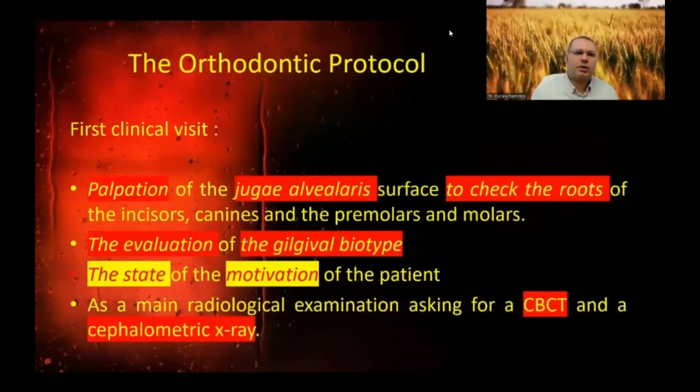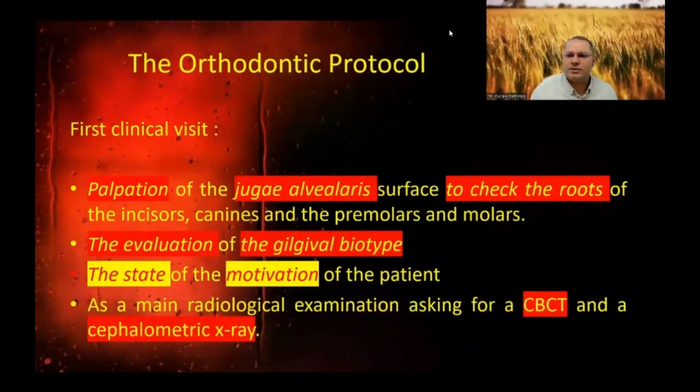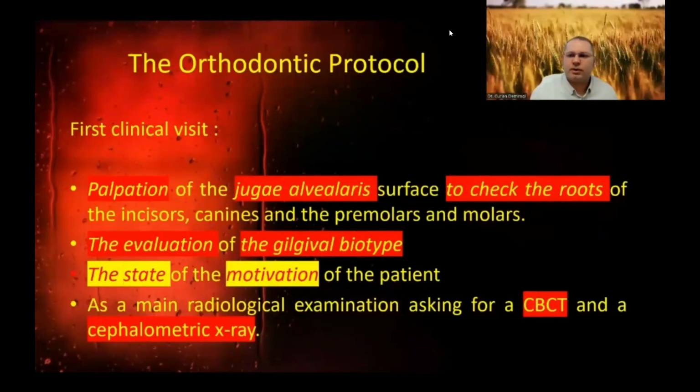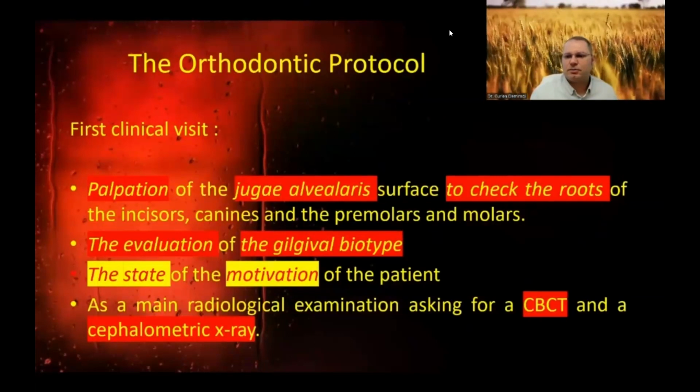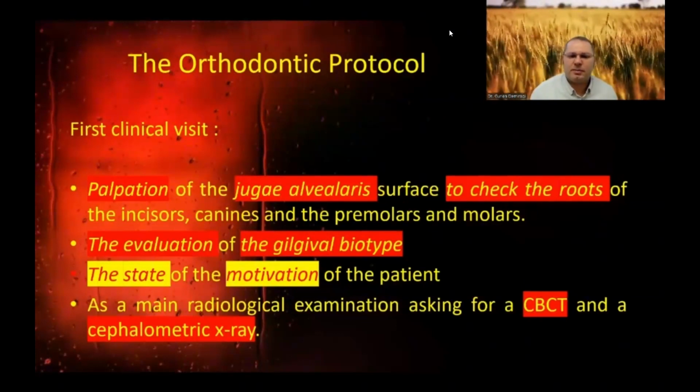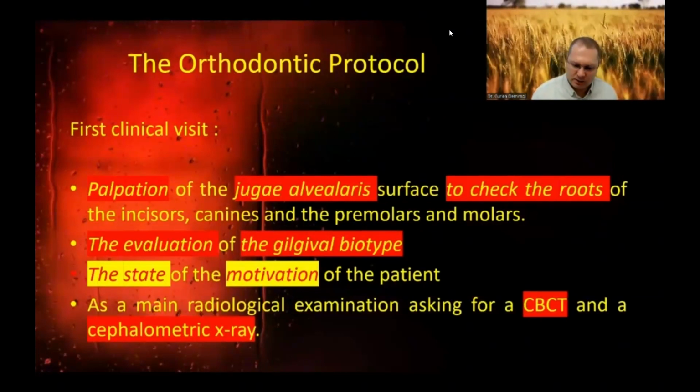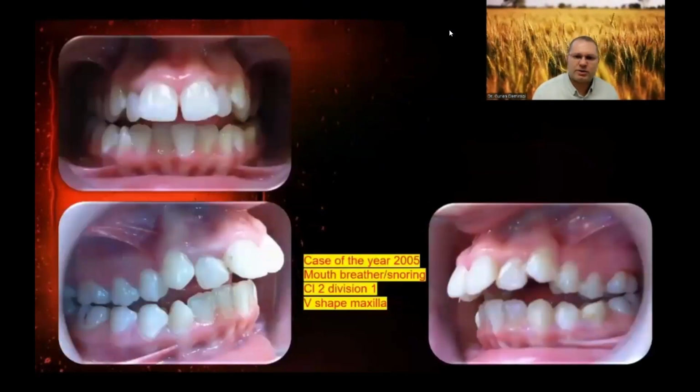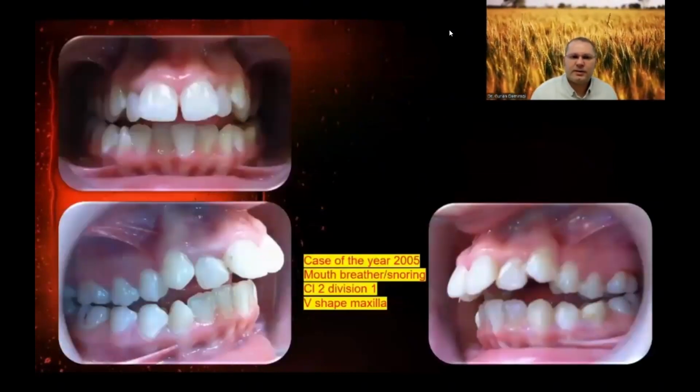The orthodontic protocol in this first clinical visit includes palpation of the jugular surface to check the roots of the incisors, canines, and premolars and molars, of course, evaluation of the gingival biotype, state of the motivation of the patient, main radiological examination, which would be a CBCT and the cephalometric X-ray, as we will explain later.